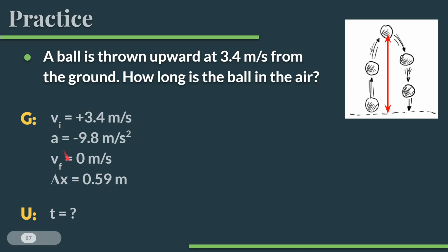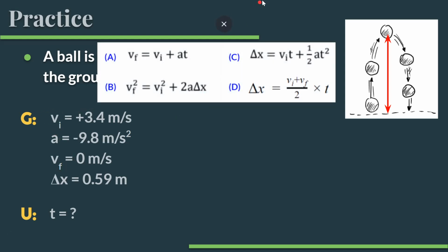All right, so I'm looking for time. Again, here are my equations. Now, this is a little bit of a different scenario because I know every single value that's on that screen now. I know VI, I know A, I know VF, and I know delta X. I can find time with any equation that has T in it, which means I could use A or C or D. Now, I will caution you and suggest that you not use equation C. If you try it, you'll see why.